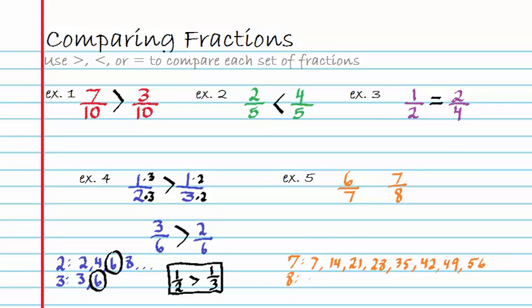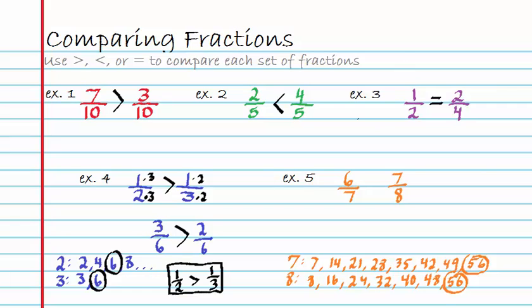And then I'm going to do the same thing for 8. So 8 times 1, 8 times 2, 8 times 3, and I'll continue this all the way out until I have a common multiple. So I still haven't found it yet, so I keep going. 48, and then finally it's 56. So my least common multiple is 56.